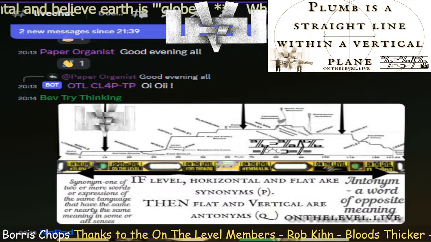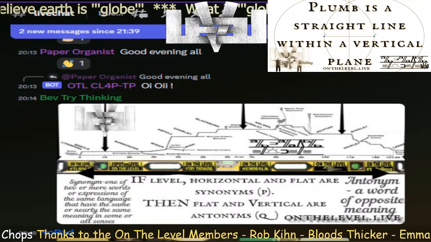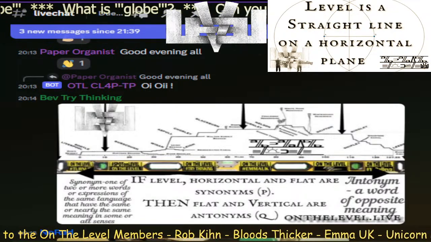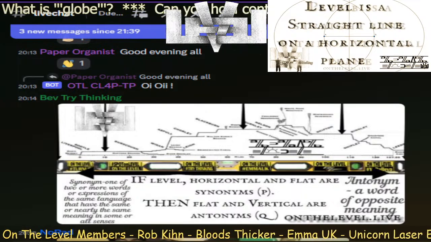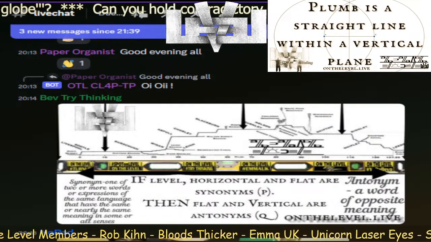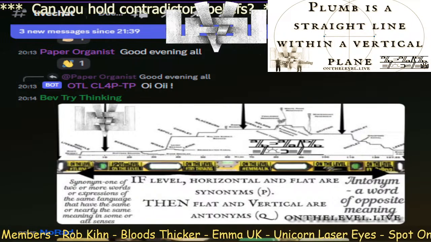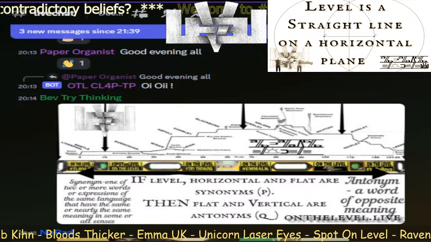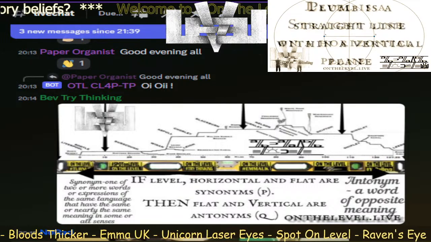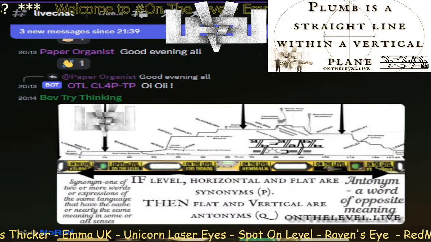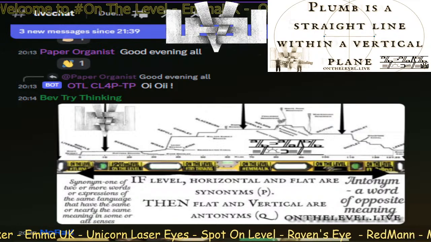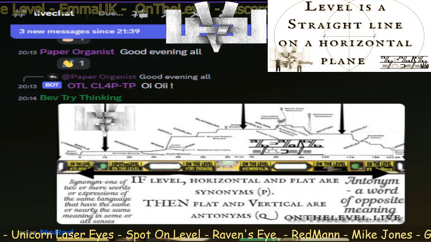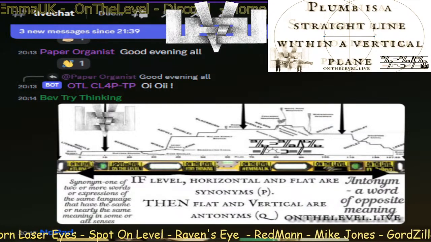So we have two things here, flat and orientation. So in P, we should have only flat and one orientation. Well, level and horizontal are basically the same thing, aren't they? Yes, I agree. But I see what Paper's saying, for the sake of argument. Paper's saying for the sake of the actual argument, level is superfluous here.